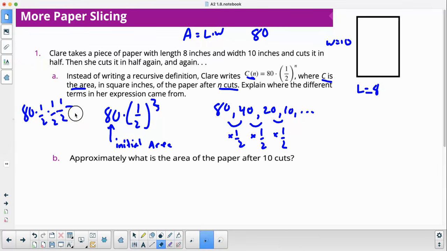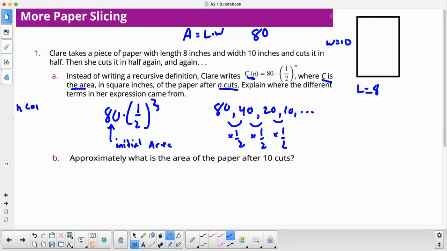Okay, so as I look at that, I would say 1/2 to the n, and I'm going to erase all this here that I had.